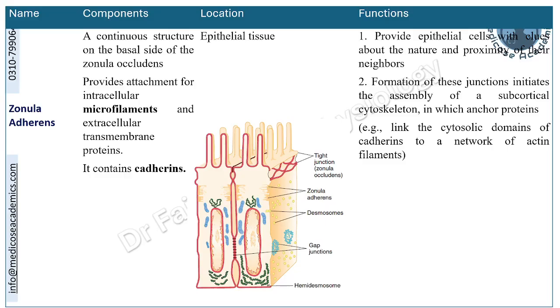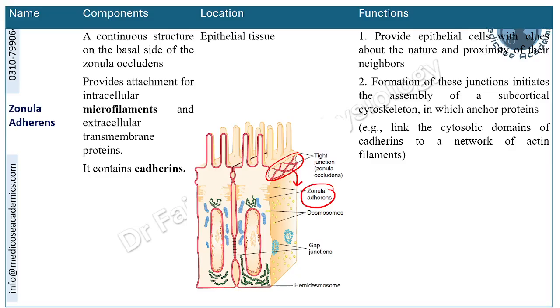Now we are moving to the adhering junctions, starting with the zonula adherens, which provides cell-to-cell binding. This is a structure on the basal side of zonula occludens. This is the apical side, zonula occludens. Just below this, on the basal side, is the zonula adherens.